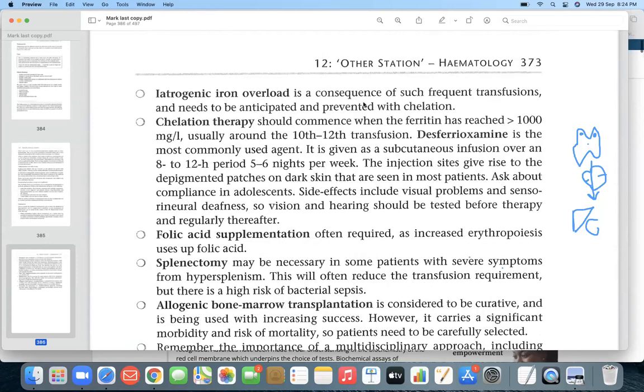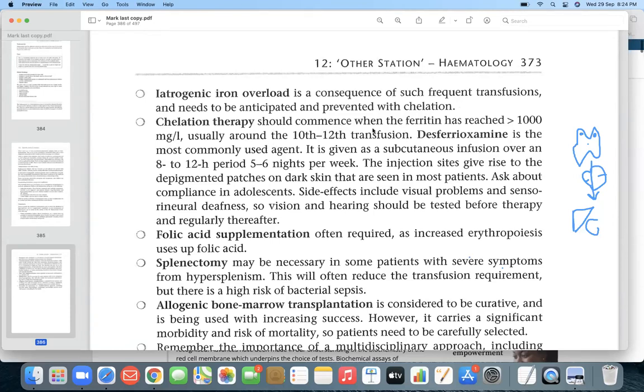Iatrogenic iron overload is a consequence of frequent transfusions and needs to be anticipated and prevented with chelation. So before the problem happens and there are side effects like hypothyroidism and hypoparathyroidism, whenever you give transfusion, since you know there will be iron overload, you have to give chelation.